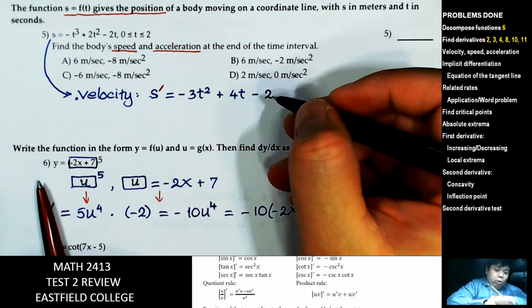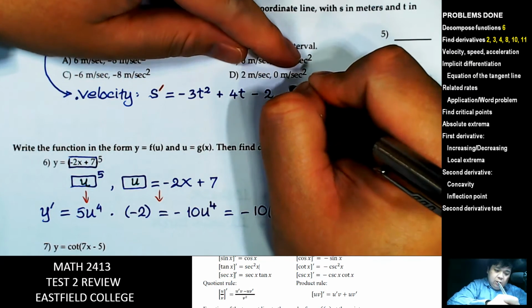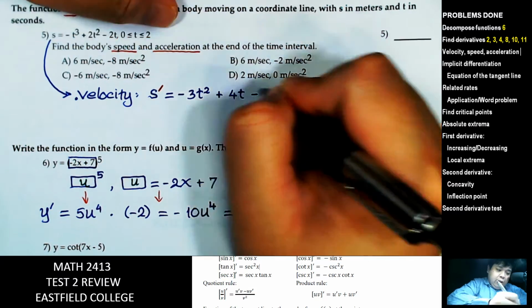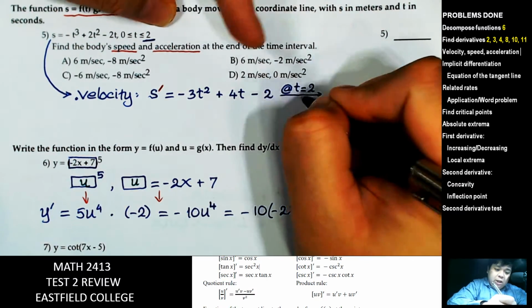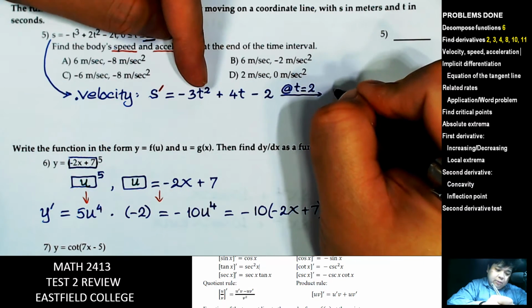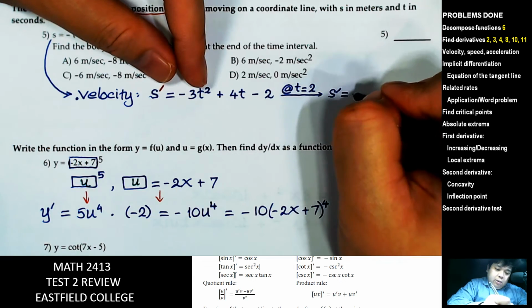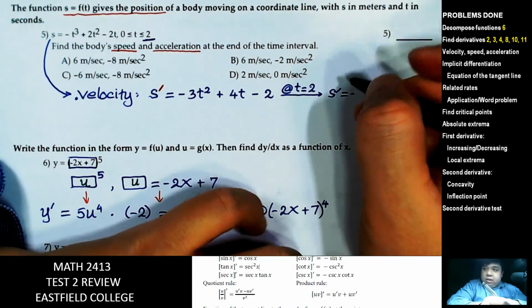So we put 2 into it. The end of the interval is t equal to 2. So we're going to put 2 in for t.